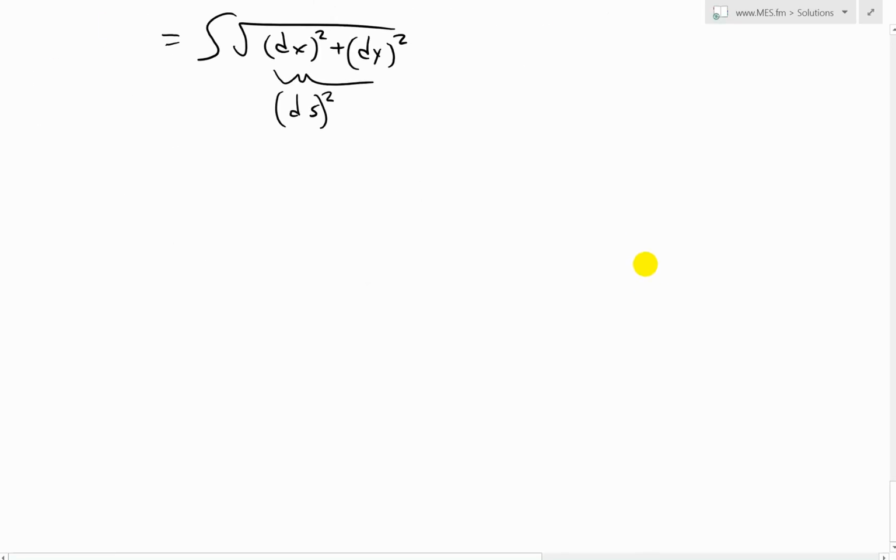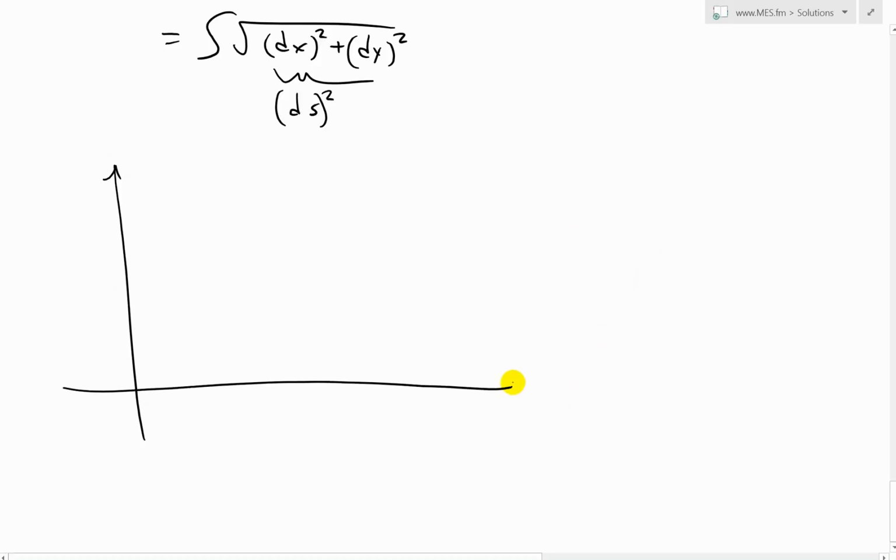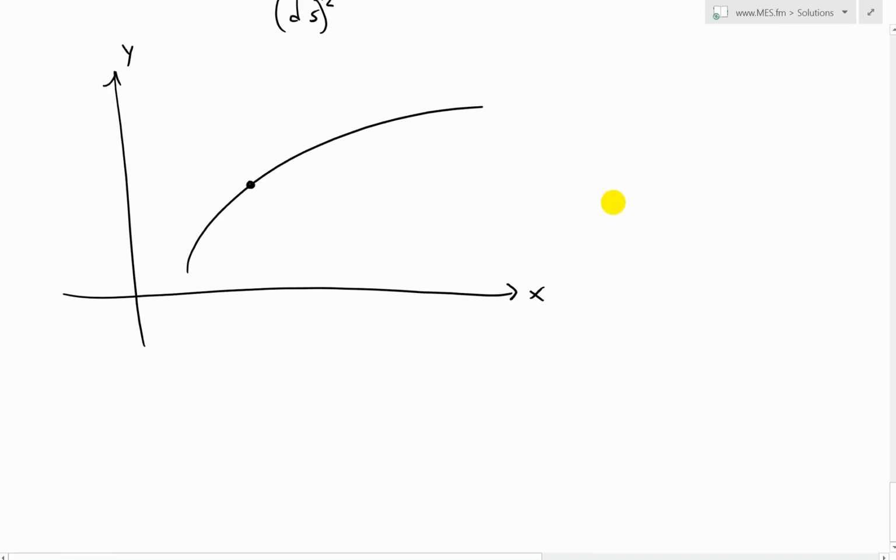And now to show how this looks visually, we could draw this out as an x y curve, and let's say we had a curve like this, where the distance across from here to here is our delta x.